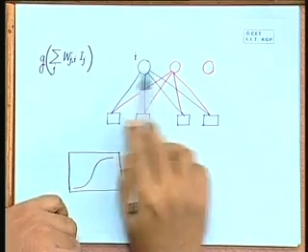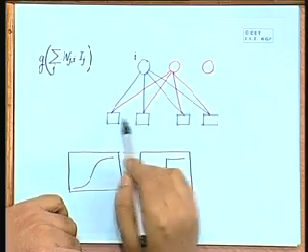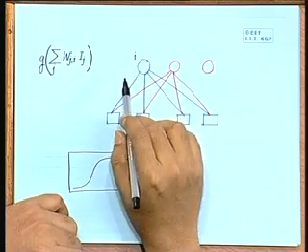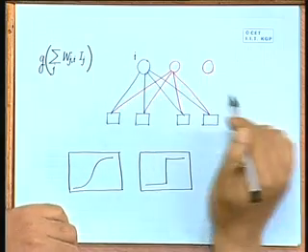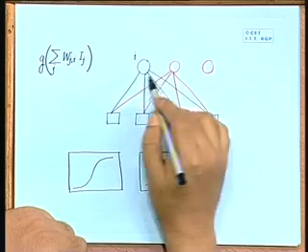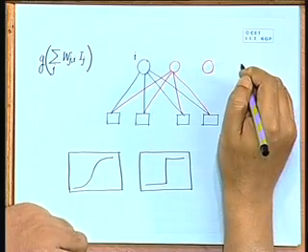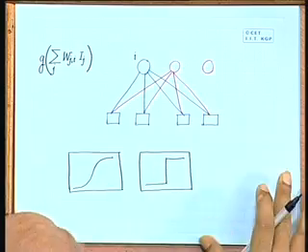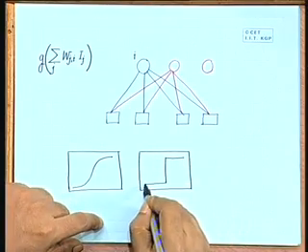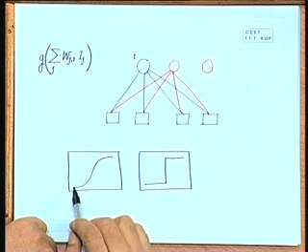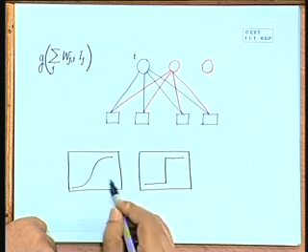This is a single layer, because just above the input layer you just have one layer of neurons. So, it is called a single layer neural network, and these neurons are called perceptrons.